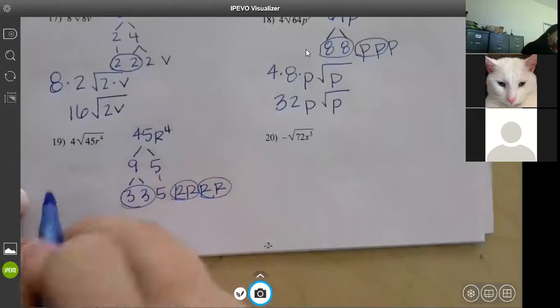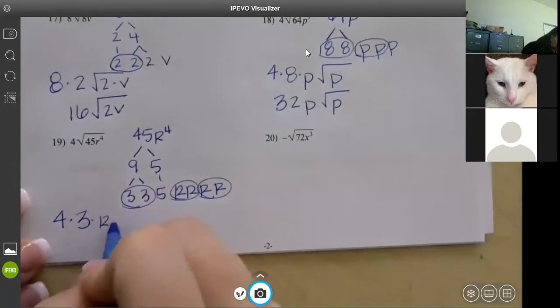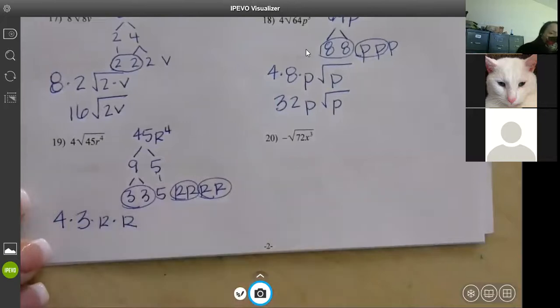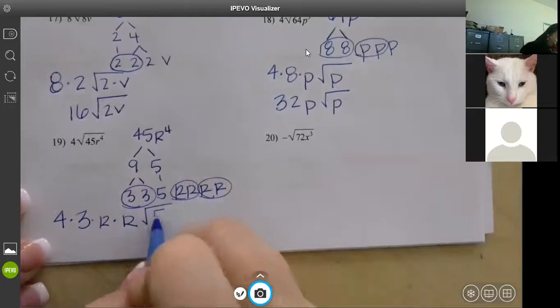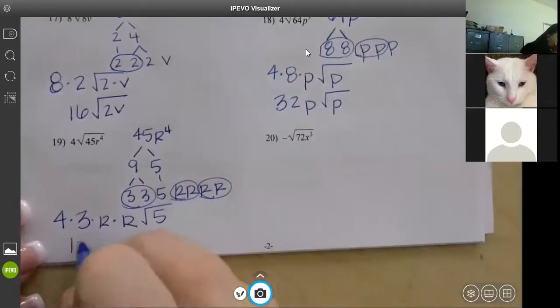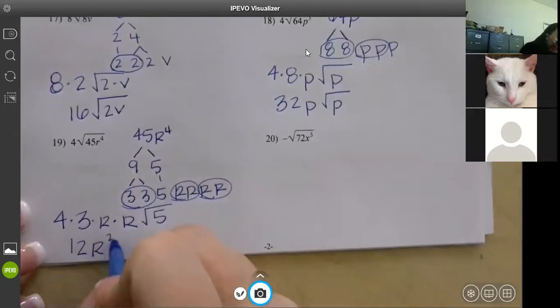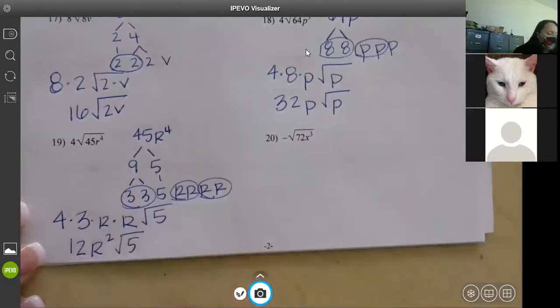All right. So I already had a 4 outside. I circled a 3 and 2 R's. What did I not circle? A 5. And then just multiply these together. 4 times 3 is 12. There are 2 R's, so it should be R squared. Don't touch the square root.